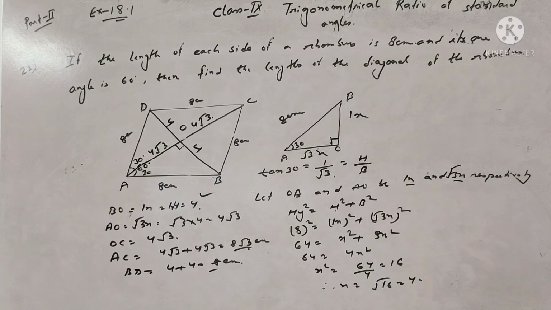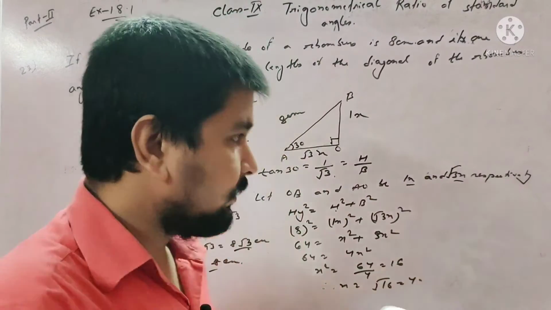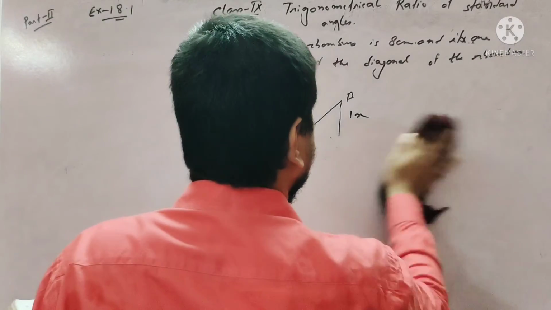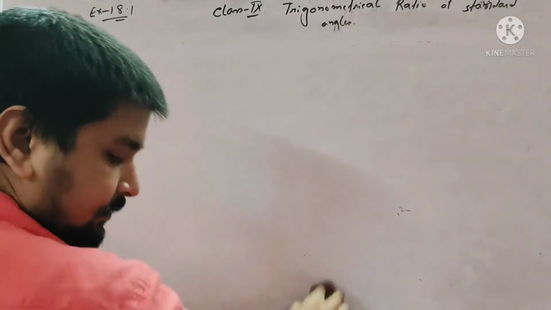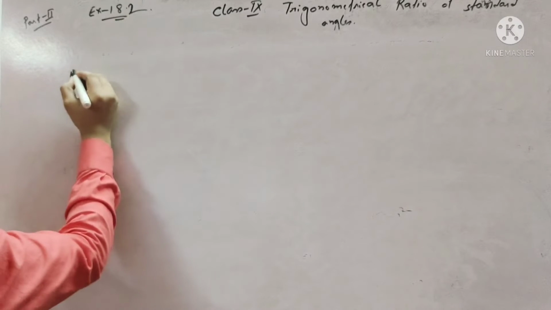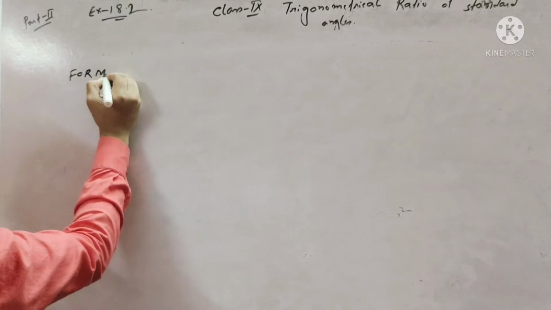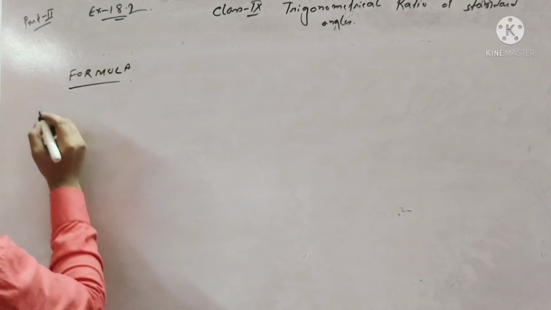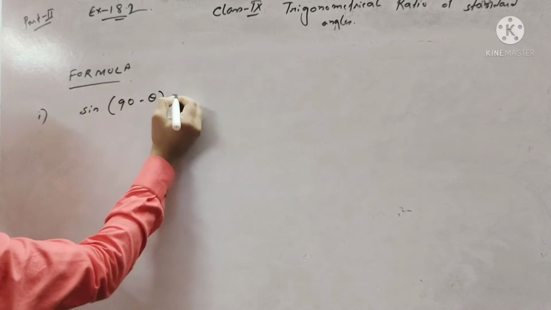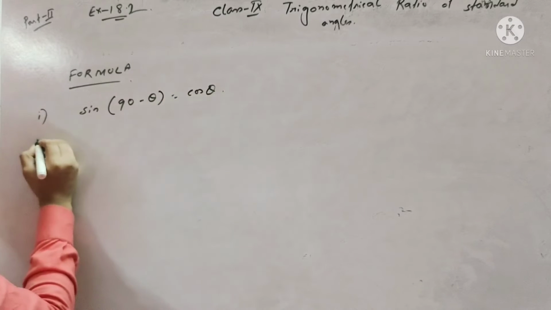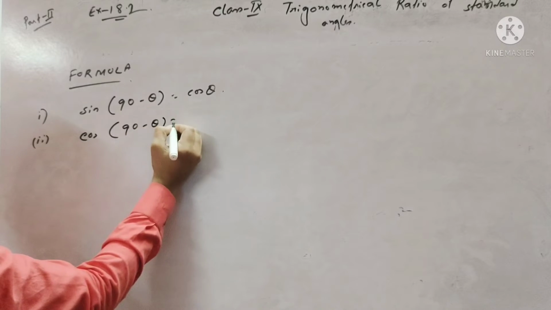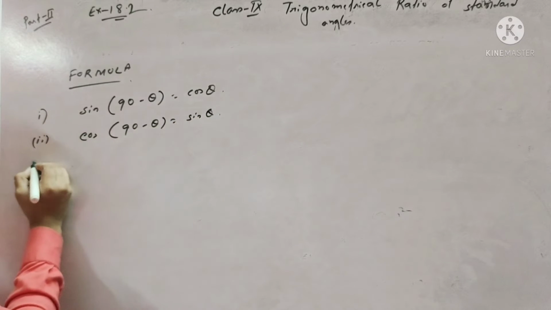Okay, now time for exercise 18.2. First of all, we learn some basic formulas of this exercise. Sin 90 minus theta equals cos theta. Cos 90 minus theta equals sin theta.